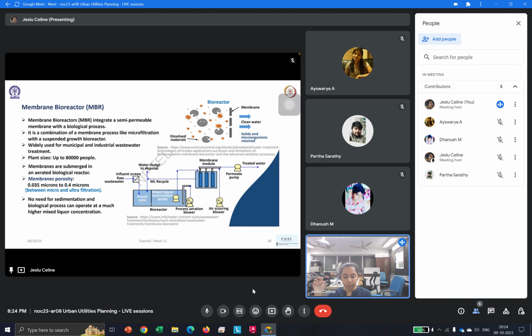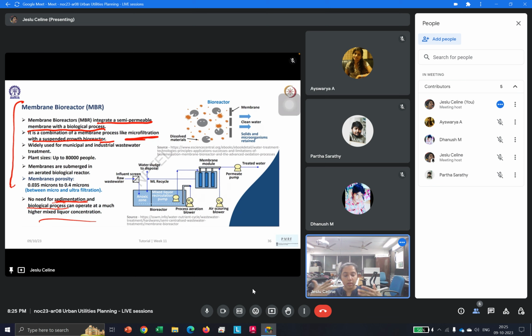So this is the definition for membrane bioreactor. It integrates a semi-permeable membrane with a biological process. It's a combined process like microfiltration with a suspended bioreactor. I think in the lecture it's been explained in detail, so you can go to that. There's no need for sedimentation, and the biological process can operate at higher concentrations also.